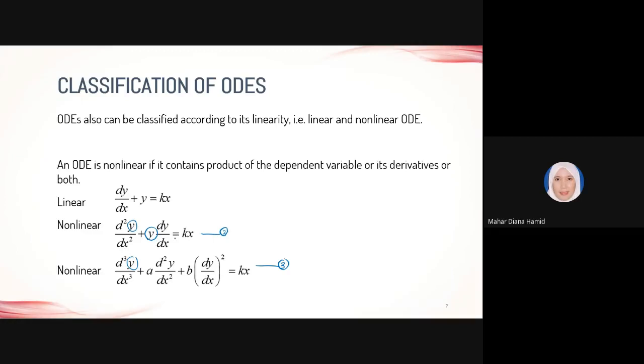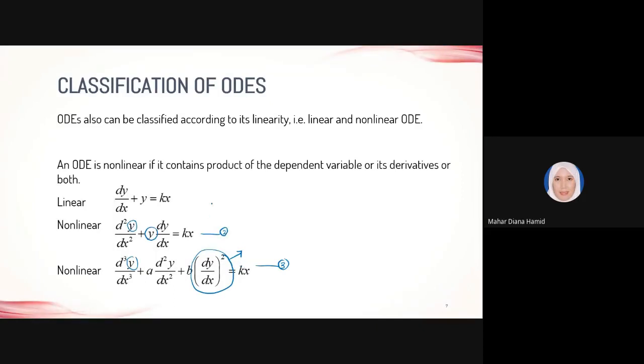So this is non-linear. If we refer back to equation 3, we also see that it is actually a product of its derivative, the derivative to the power of 2. So this makes equation 3 non-linear.